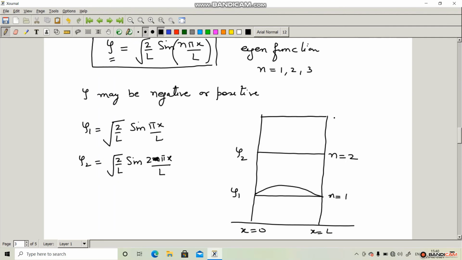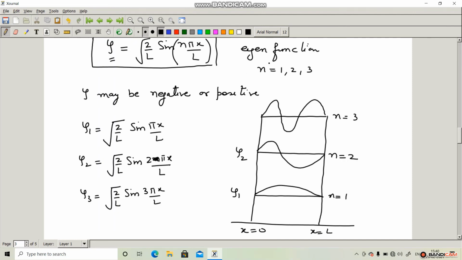And for the third level, n equal to 3, and the second level we can represent wave function like this. For third level, psi 3 is equal to under root 2 upon L sin 3 pi x over L, and we can represent it by this. This is the third level to represent the eigenfunction.